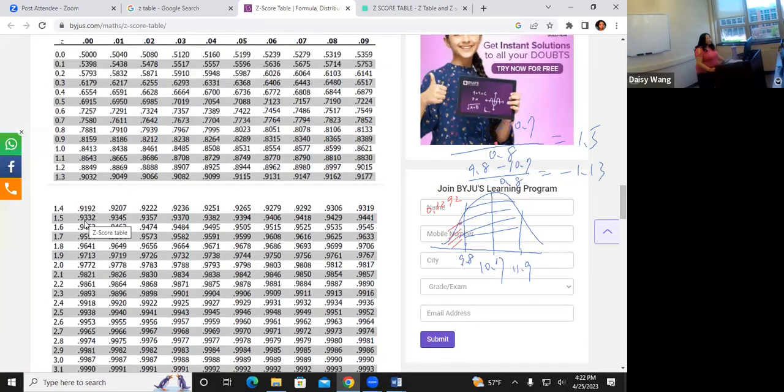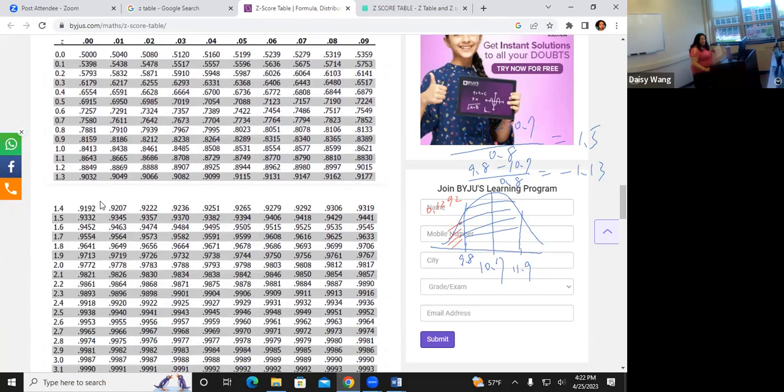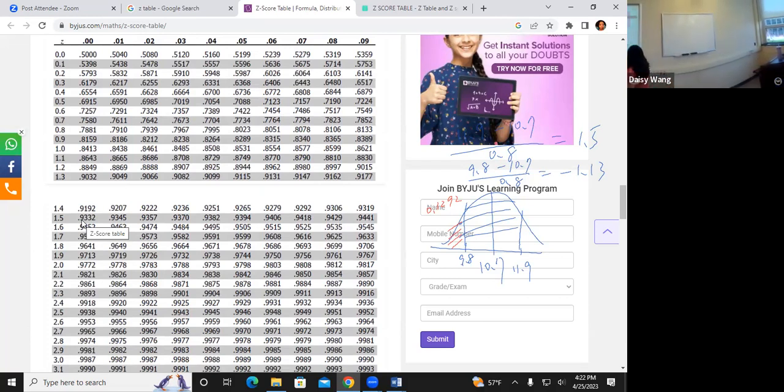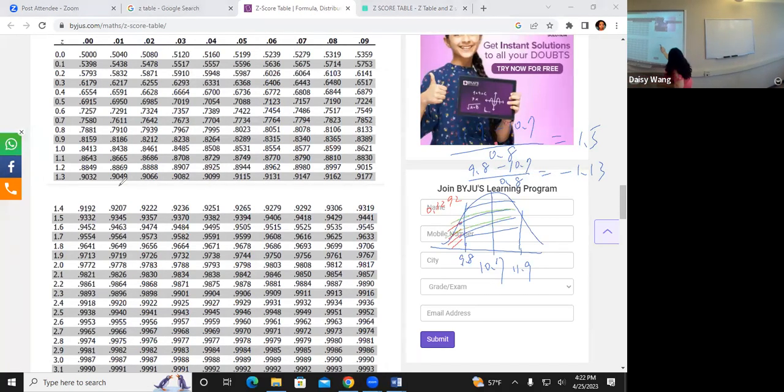It's here, 0.9332. This one tells you the whole area. So this means this area is what?